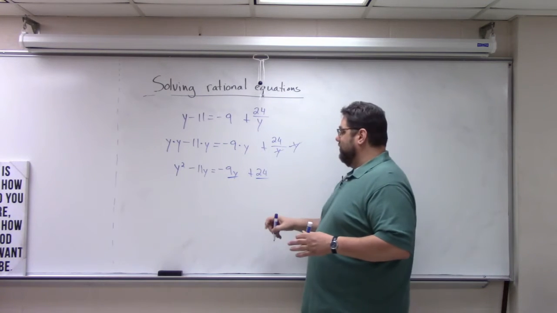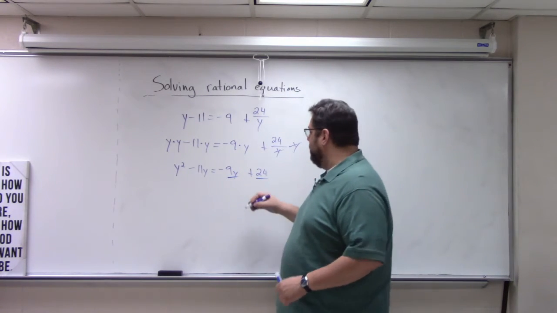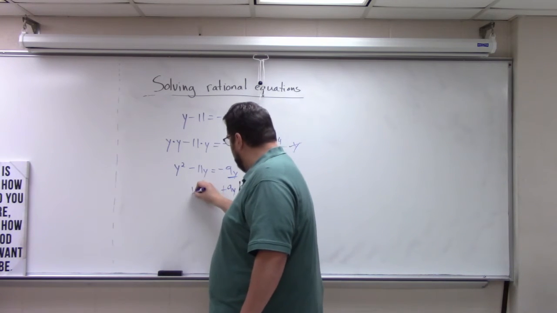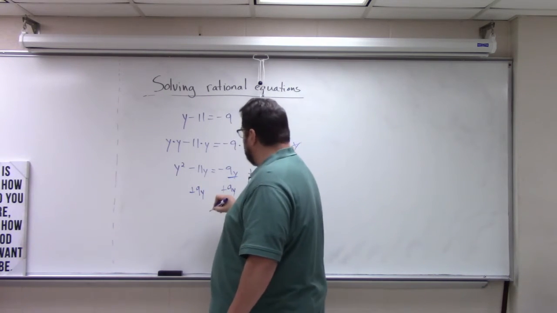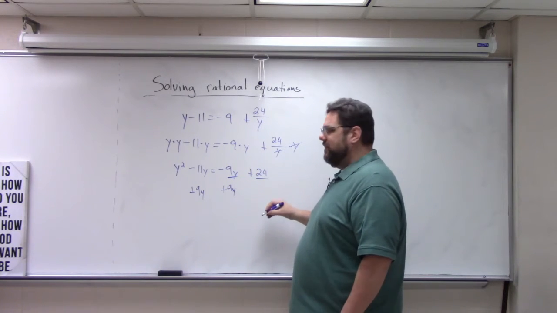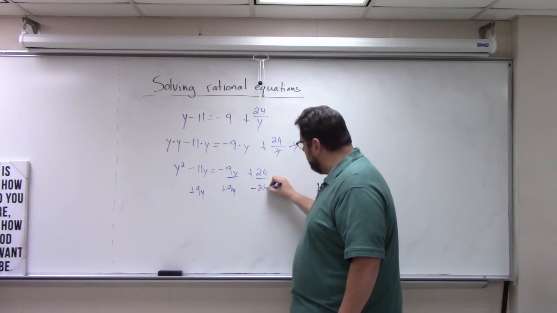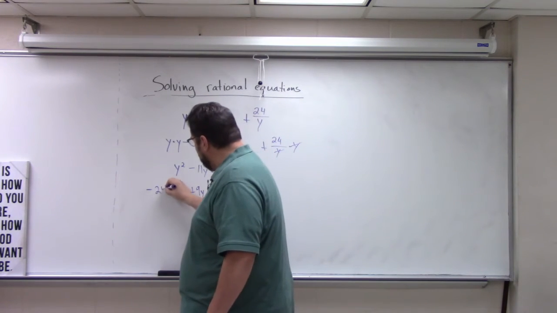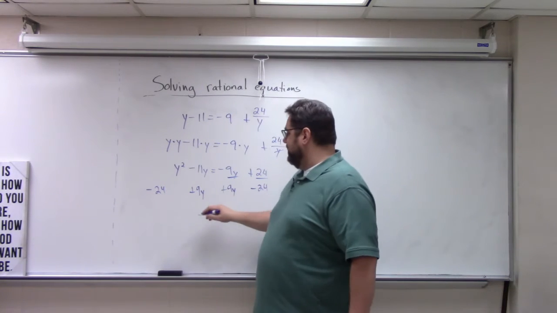Now, how do we move the 9y over? Well, we add the 9y. Just for space's sake, I'm going to go ahead and move this over in the same step. And we've done that before, so subtract the 24. And I'm just going to write it over here somewhere, just to remind us that's what's going on.